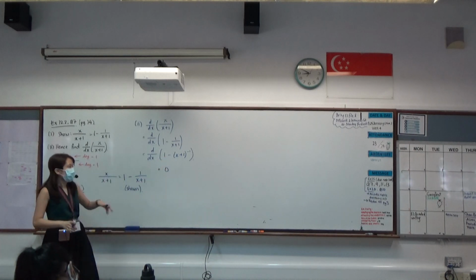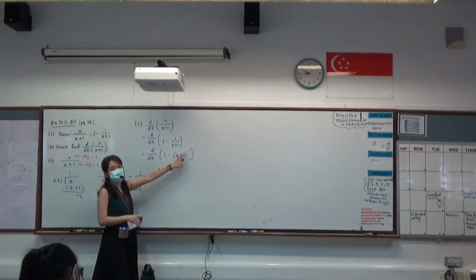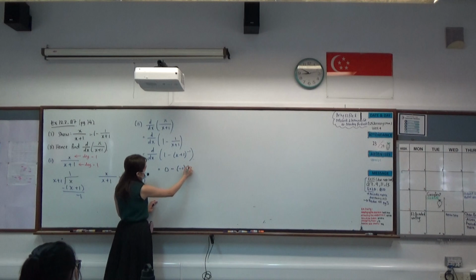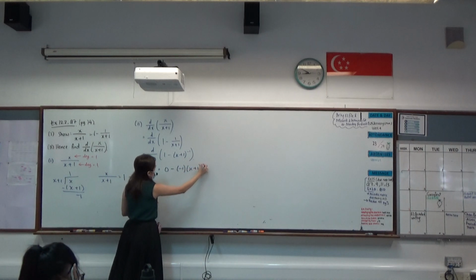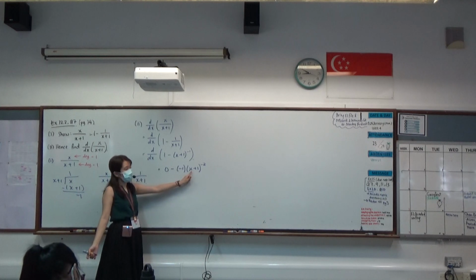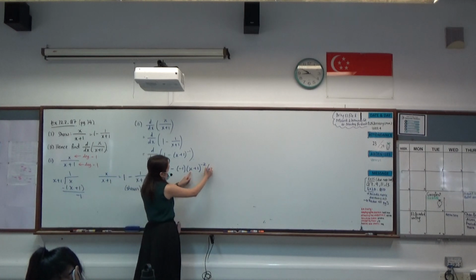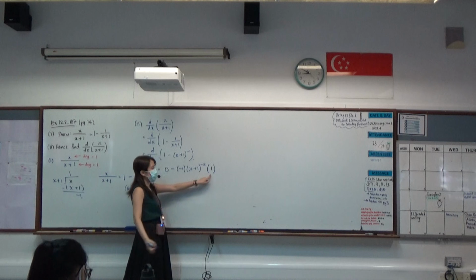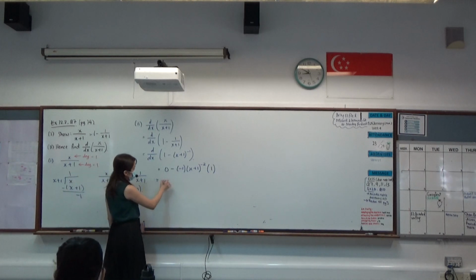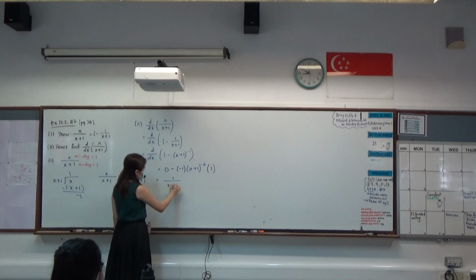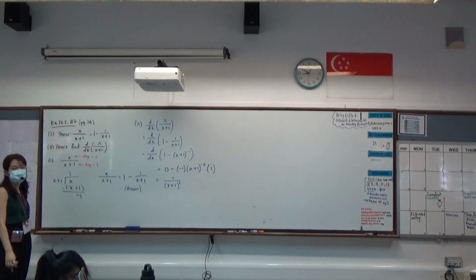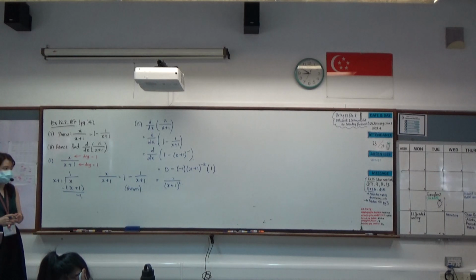And then I will differentiate (x plus 1) to the power of negative 1, which is to bring down the power, minus 1. Chain rule applies. Inside the brackets itself, our derivative will be 1. So our answer becomes 1 over (x plus 1) squared.